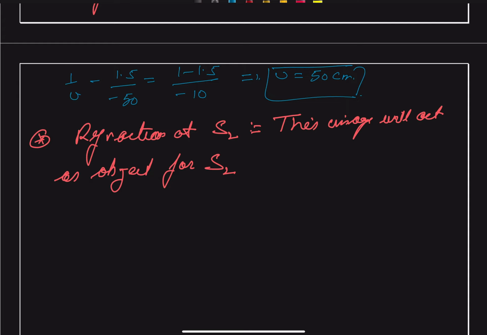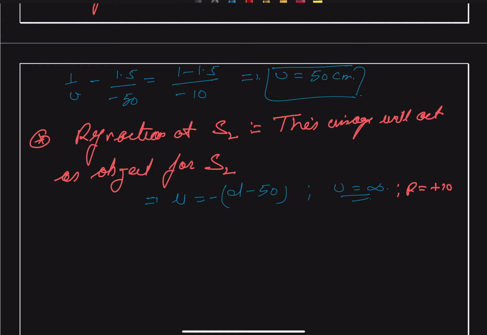Therefore u will be d minus 50, and this will be minus of d minus 50, and the image is at infinity, so v is infinity, and here r will be equal to positive 10.